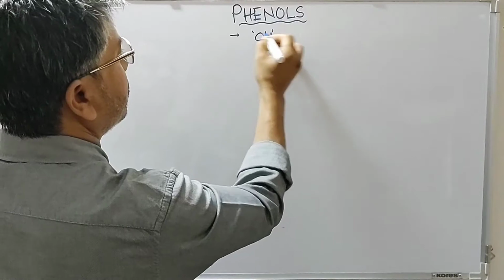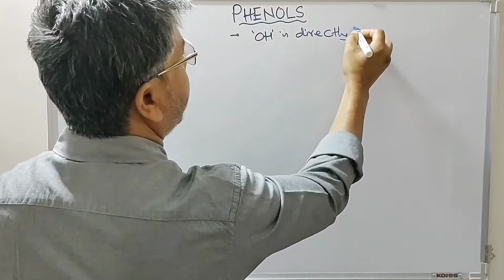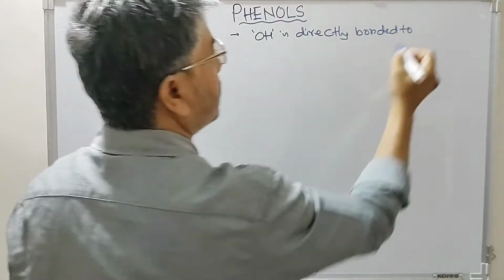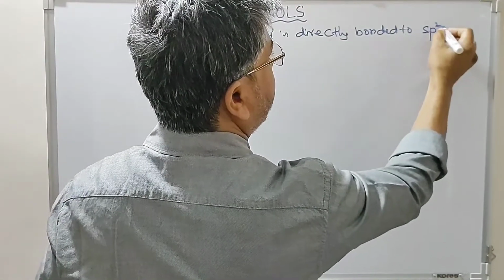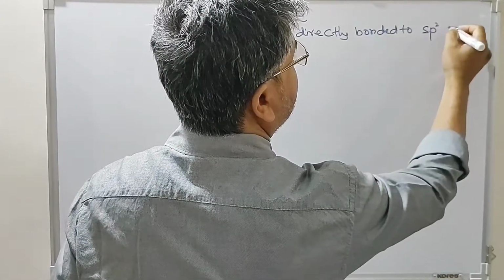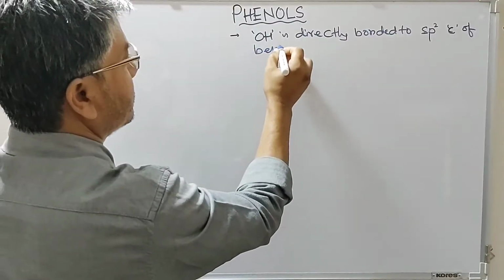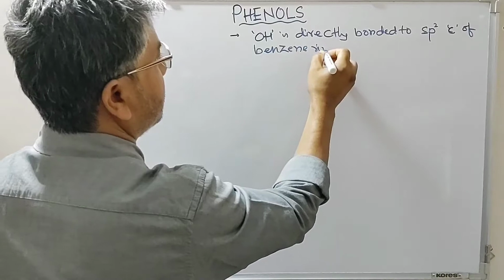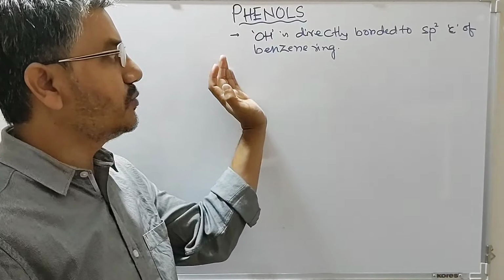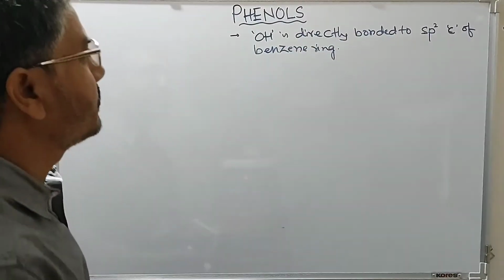OH group is directly bonded to sp2 hybridized carbon of benzene ring. So those compounds in which OH functional group is directly attached to the sp2 hybridized carbon of benzene ring, these are known as phenolic compounds or phenols.